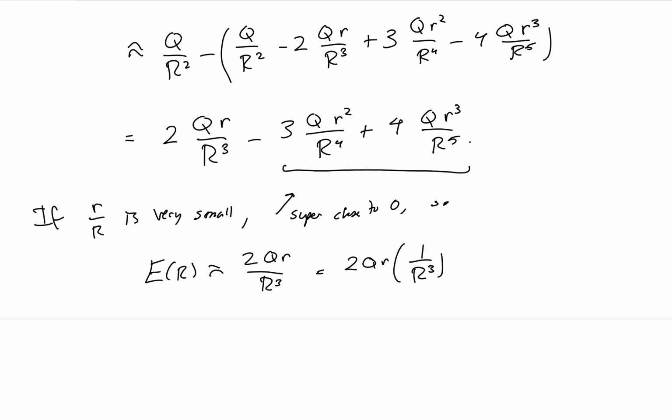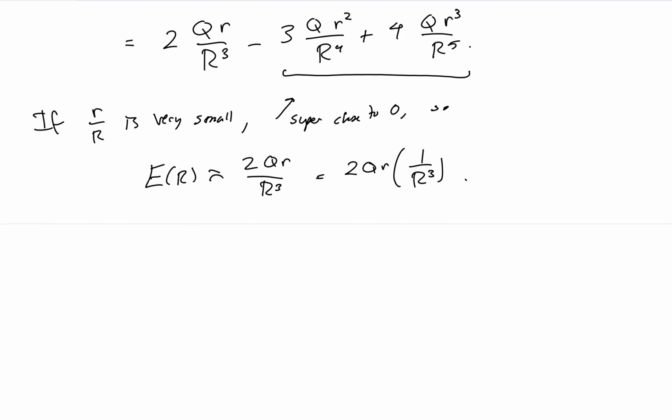So we see then that E is proportional to 1 over big R cubed. It is approximately proportional because we do have that approximation sign here. Just like we were trying to show.